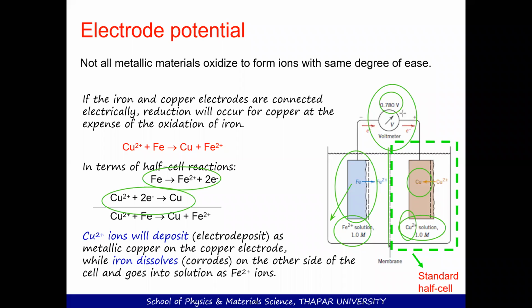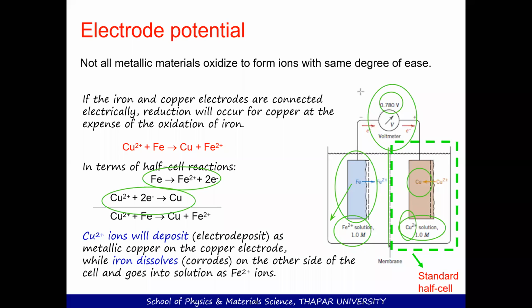So whenever two dissimilar metals are in contact with each other by electrical means, with an electrical cable interconnecting the two metals, one of the metals will undergo an oxidation reaction and the other one undergoes a reduction reaction. The strength of the reaction is measured in terms of its electrode potential, which is displayed here as 0.78 volt.